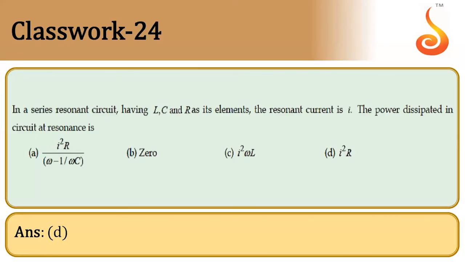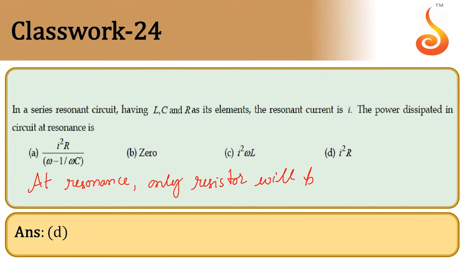In a series resonating circuit having LCR as its elements, the resonant current is I. The power dissipated is? At resonance, only the resistor will be effective.